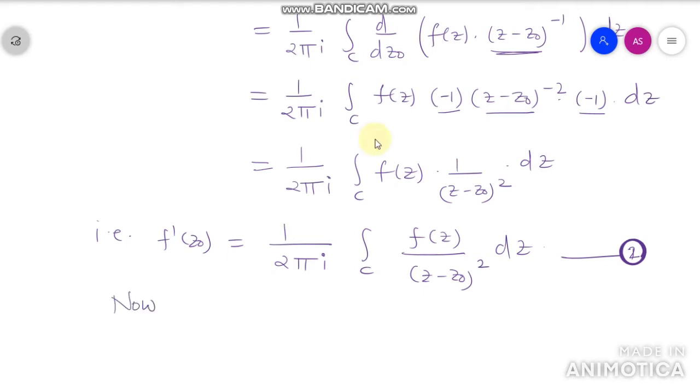Now differentiate 2 with respect to z0 under the integral sign.